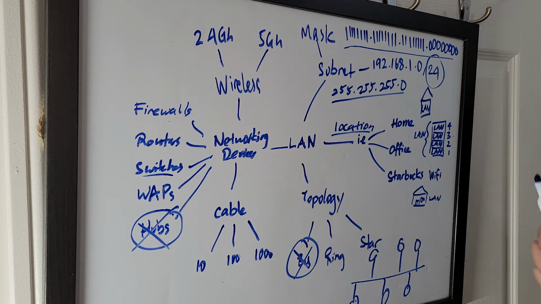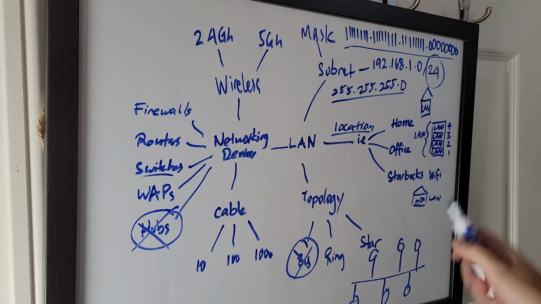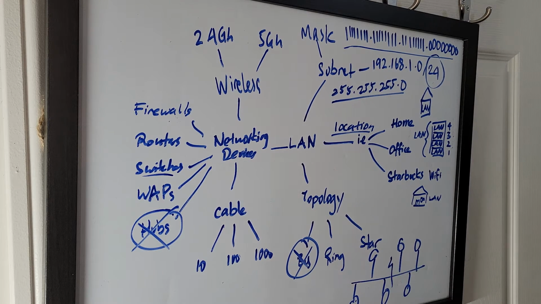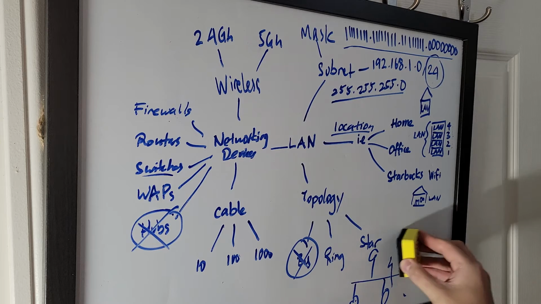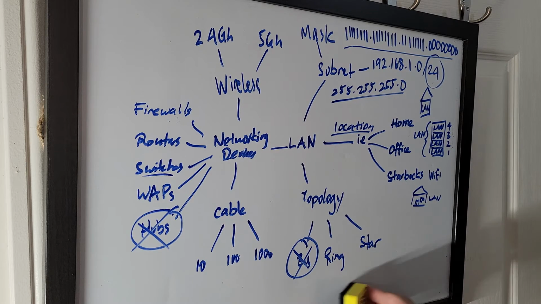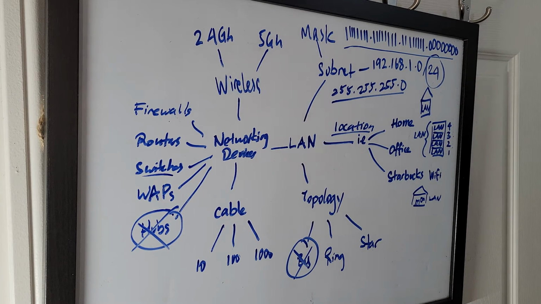And so only one device can talk in the whole network at the same time. As you could see, it would be quite inconvenient. And also, if this cable breaks, that wouldn't be good because then no devices would be able to connect. So we don't use the bus.